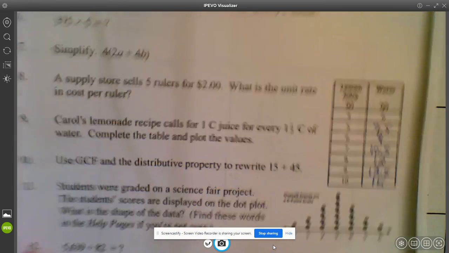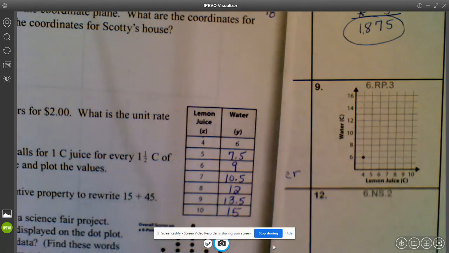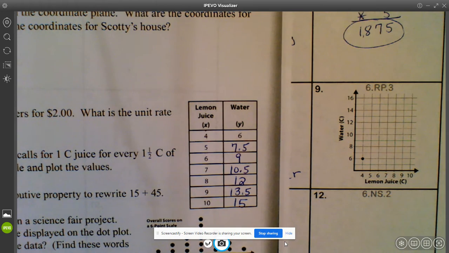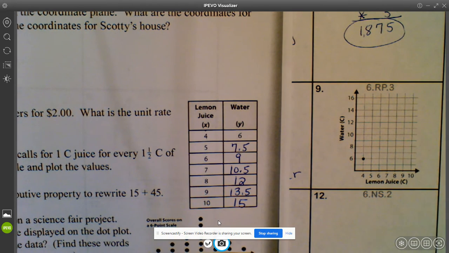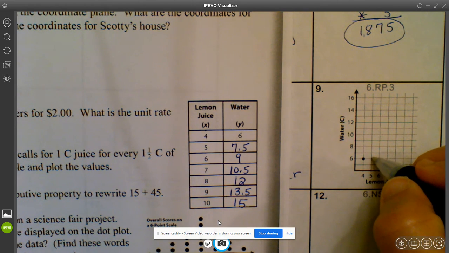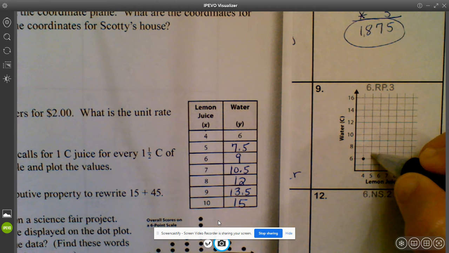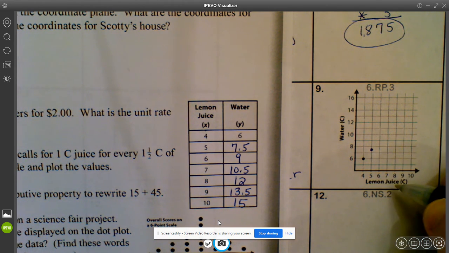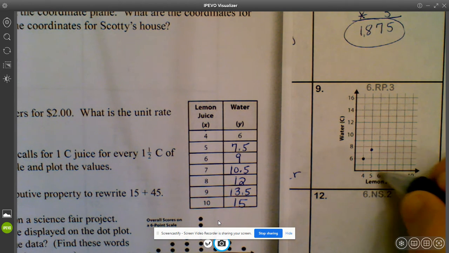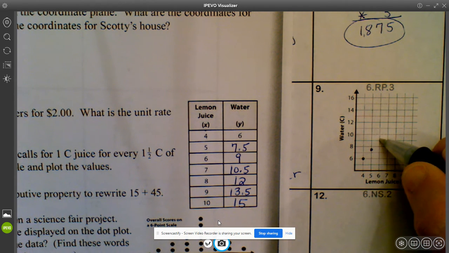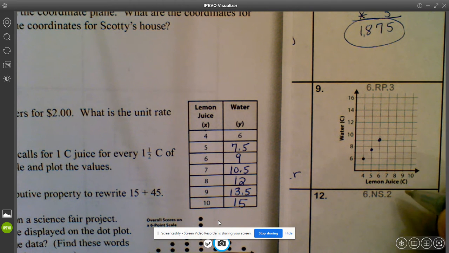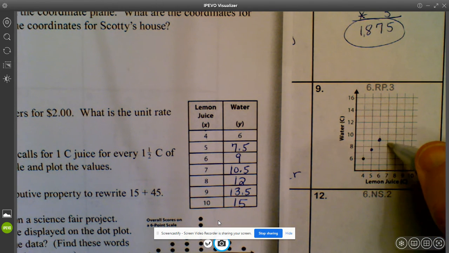So now we're going to plot these over here on this coordinate grid. So the first one is already plotted for us, 4, 6. So now we're going to go 5, 7.5. So this is 6, 7, 7.5 would be halfway between 7 and 8. And then we do 6, 9, so go over 6, up 9, 7, 10.5, over 7, up 10.5, which would be right there.